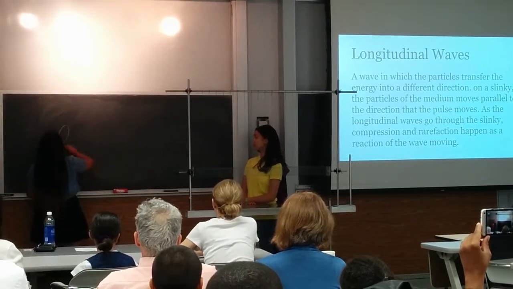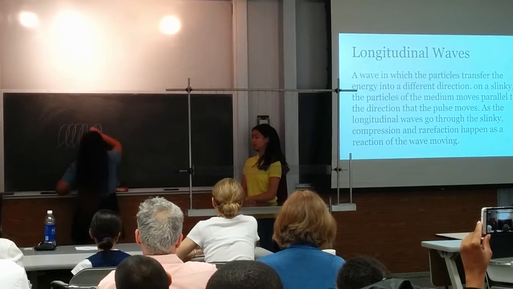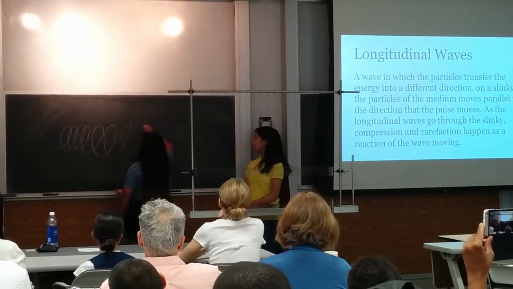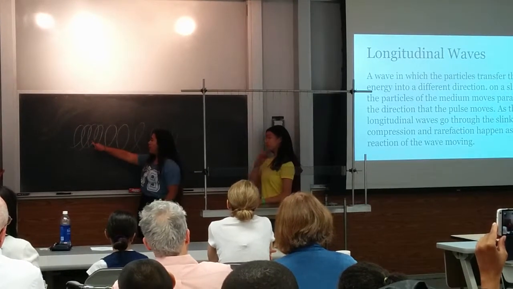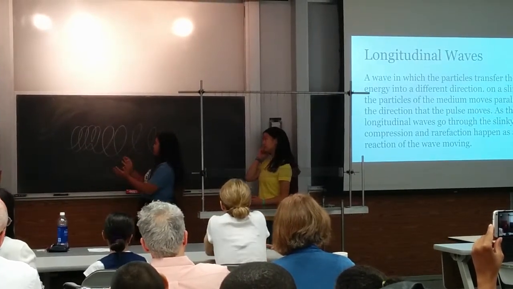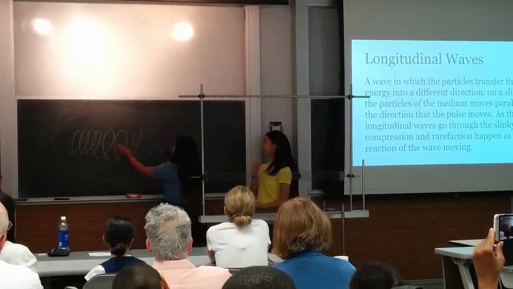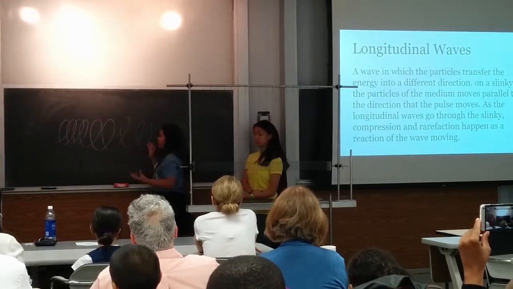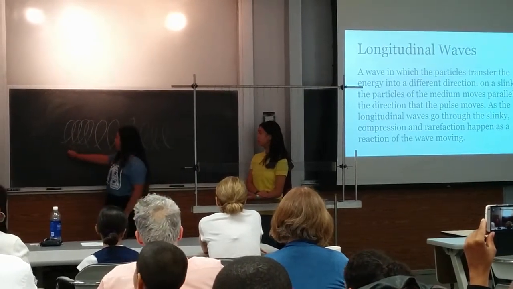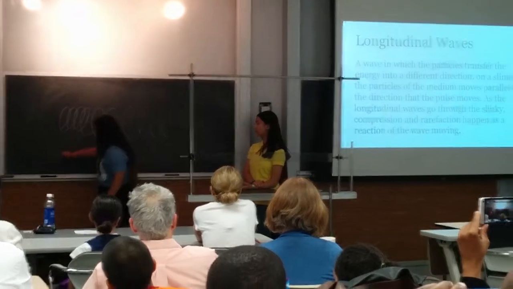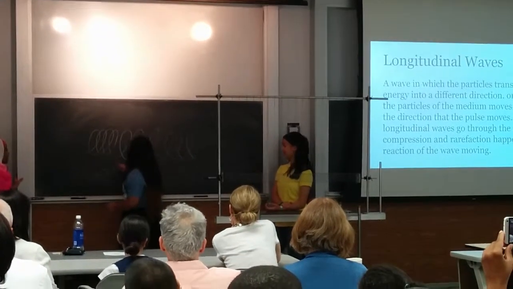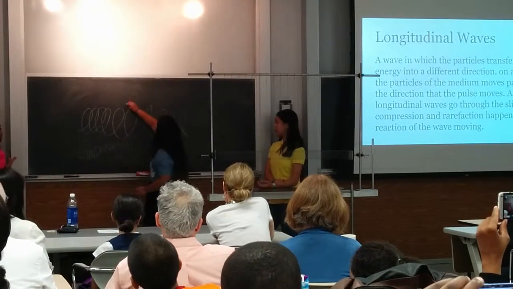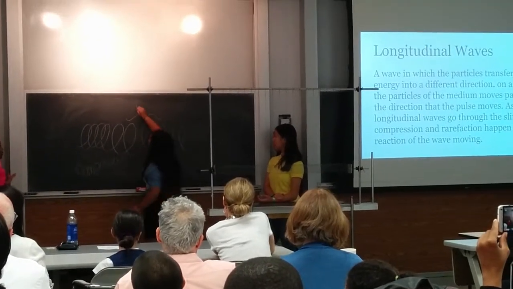In a slinky, it would look like this. Right here, the particles are conjoined and pressed together. But over here, it's out and separate. This is called compression, and the separate parts are called rarefaction.